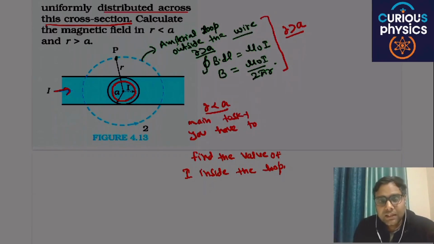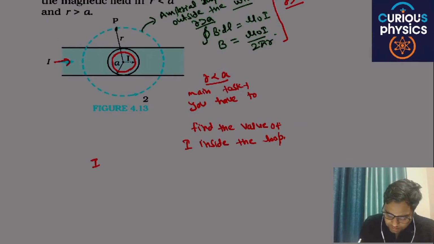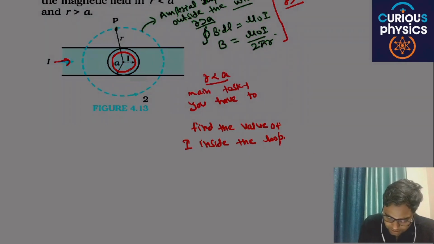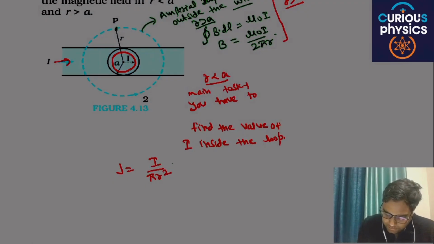Then the current per unit area, or the current density, can be denoted by J. J is equal to I by pi r square. It is nothing but current density.